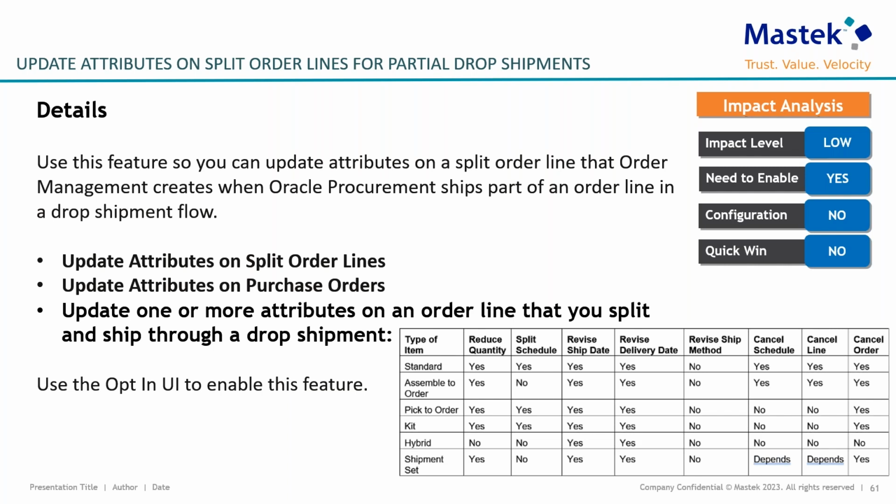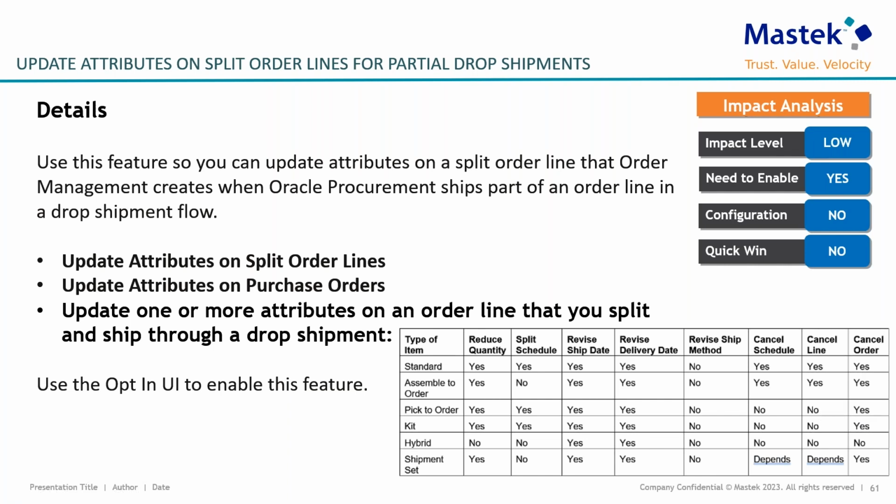There are types of items mentioned here, and different attributes like reduce the quantity, split schedule, revise ship dates, cancel schedule, and other attribute values that we can change with this feature. Wherever specified as a no, once the pick to order has been done, then we cannot revise it or cancel it. We cannot cancel the line, even though we can cancel the order.